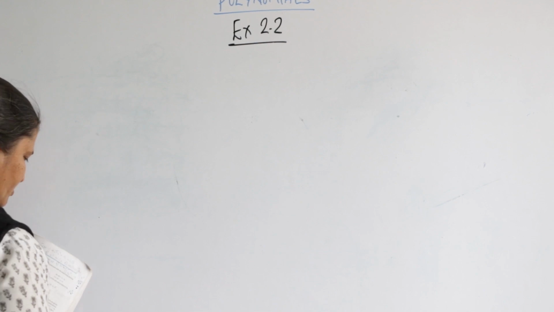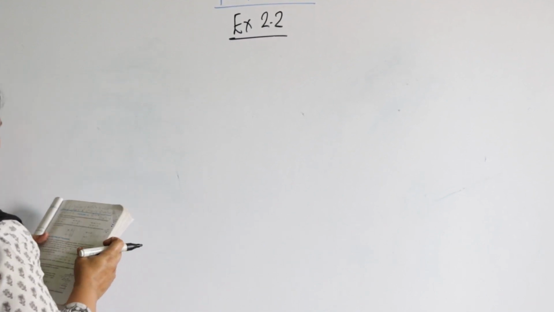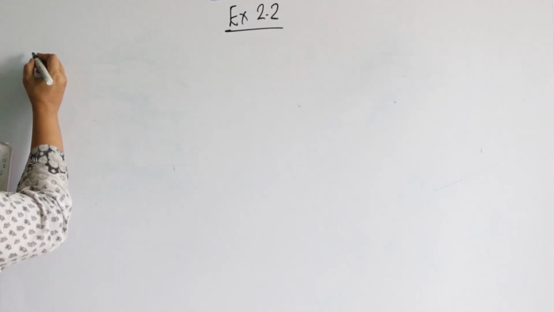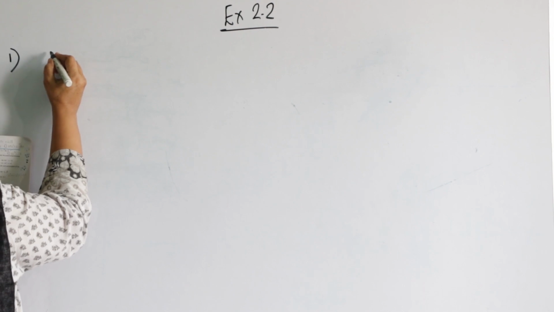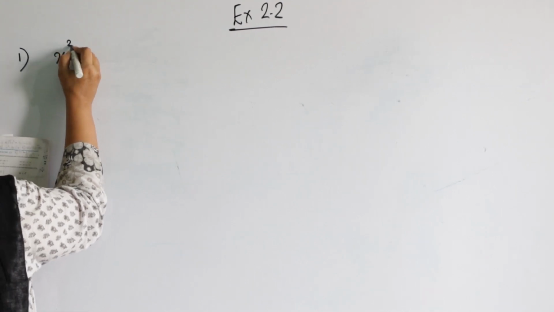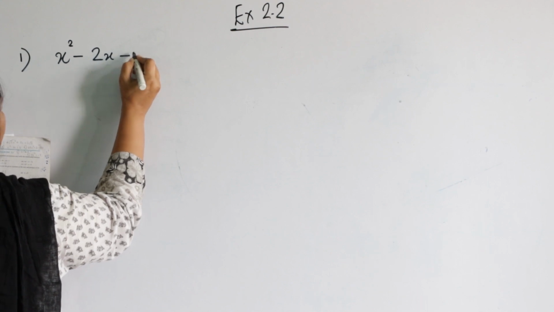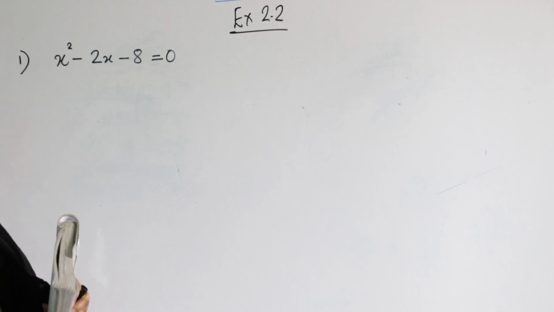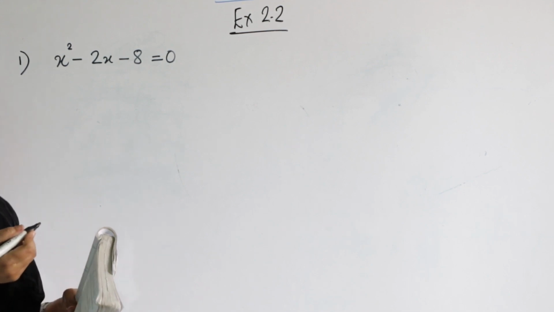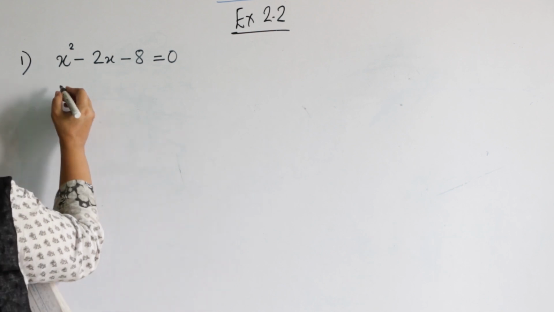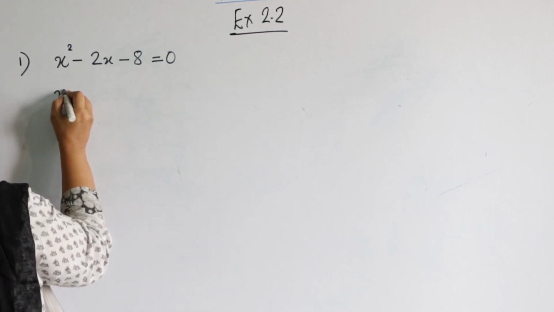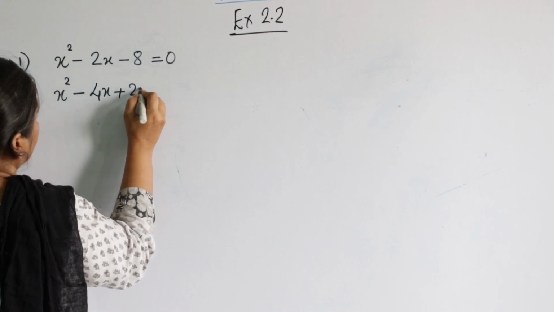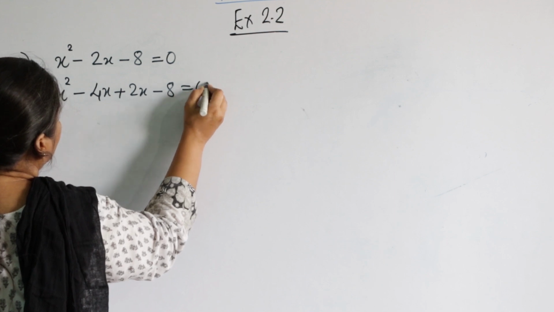In this, we have to find zeros of the given quadratic polynomials and verify the relationship between the zeros and the coefficients. So the first polynomial given to us is x square minus 2x minus 8 equals 0. Since it's a quadratic polynomial, we use factorization to find the zeros. So here the factors of minus 8: x square minus 4x plus 2x minus 8 equals 0.